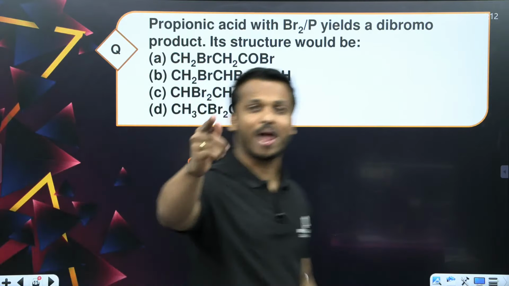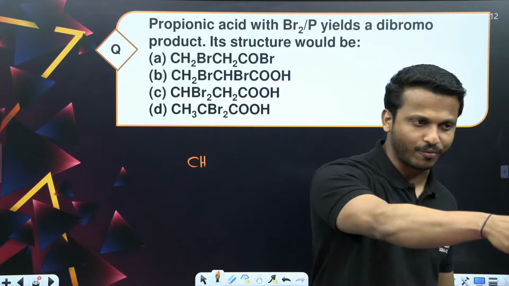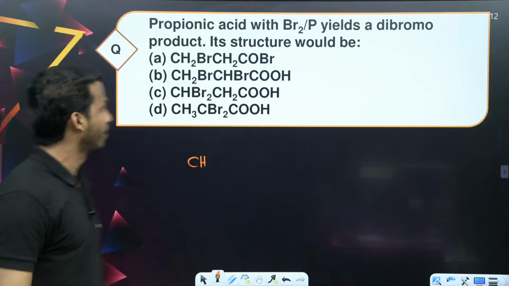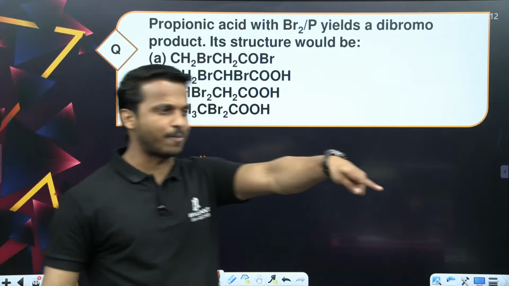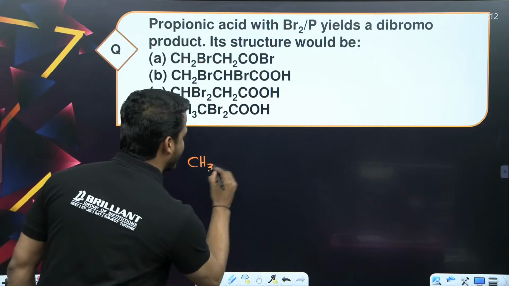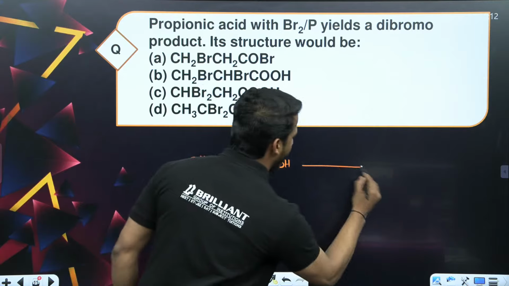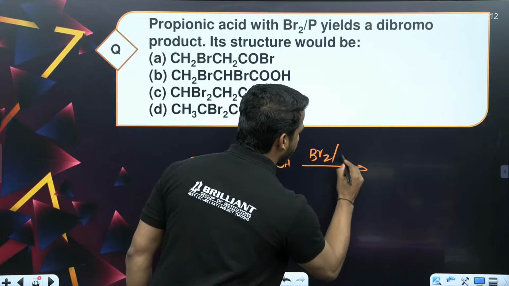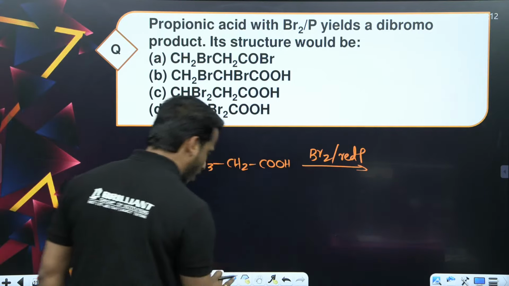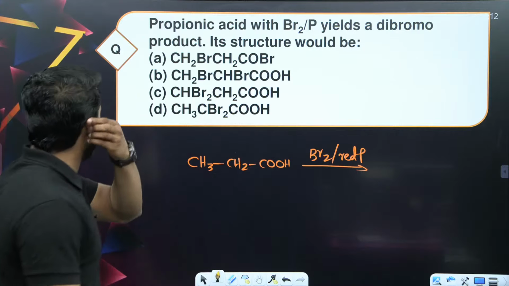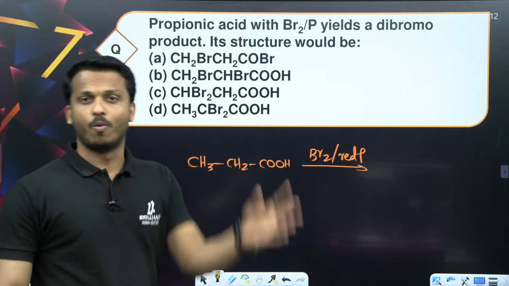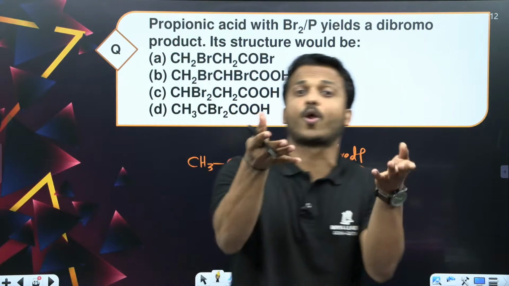Now I am giving the chance to write the answer for this question in the chat box. Can you write the answer in the chat box? Propanoic acid is CH3, CH2, COOH. They are adding bromine in presence of red phosphorus. All right, fine. But the question is, which will give a dibromo? We actually studied only monobromo.